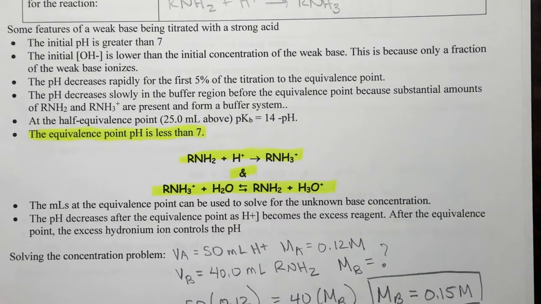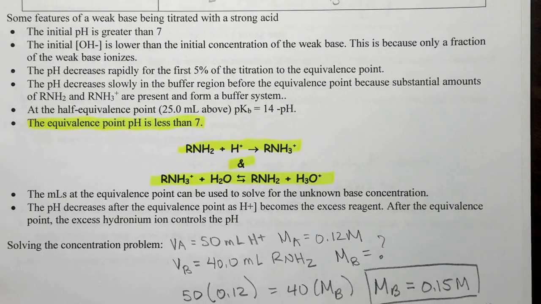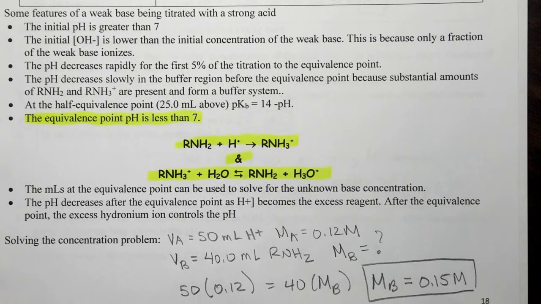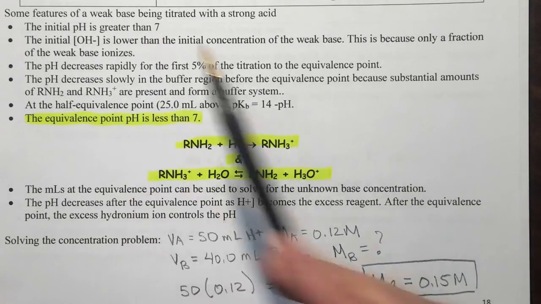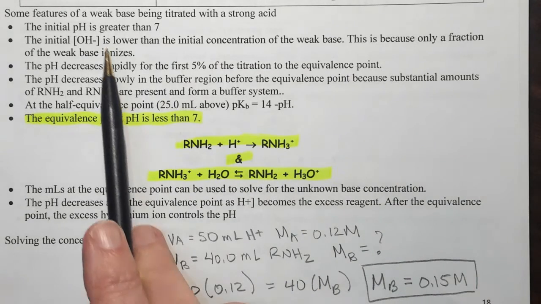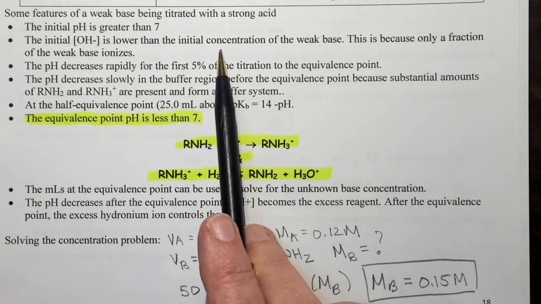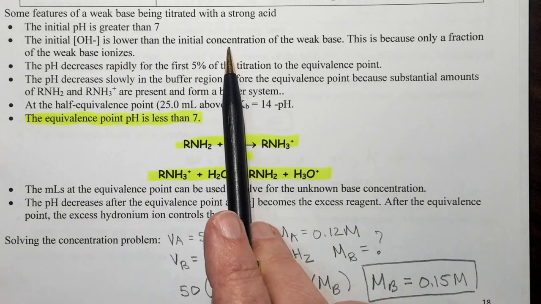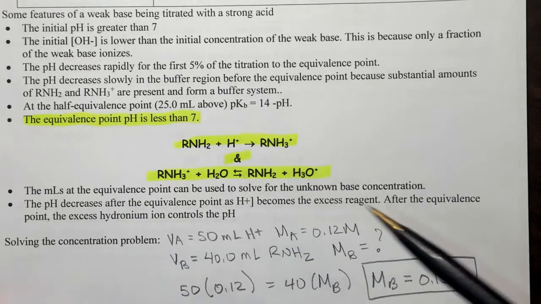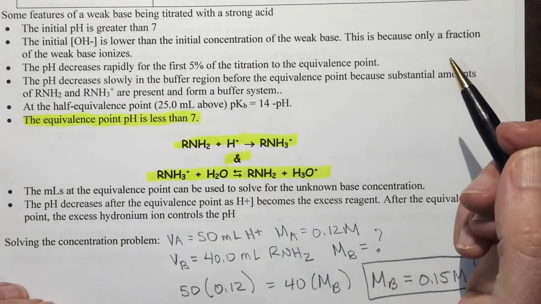Okay, so we're going to summarize the features of a weak base being titrated with a strong acid from the previous curve. Our initial pH is going to be greater than 7 because we're starting with a base. The initial hydroxide concentration is lower than the initial concentration of weak base. This is because only a portion of the weak base ionizes.